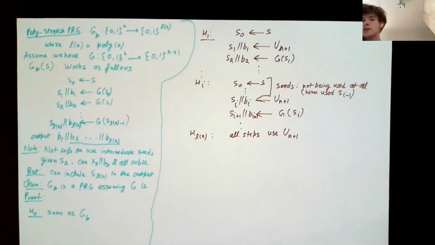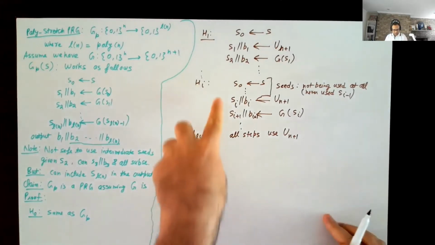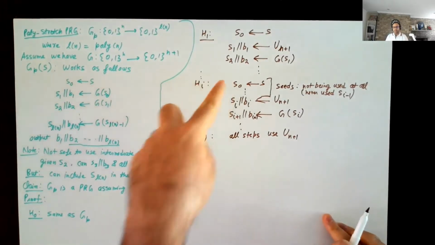So the previous ones are still used to generate like B1, B2, B3, right? So they will appear in the output effectively. So B1, B2, B3, they are all random, right? They have no correlation with the seeds, and seeds are not being used to generate these bits. So yeah, you are right that we do need to continue generating B1, B2, and B3, but there is no reason to generate, for example, S1, S2, and S3.